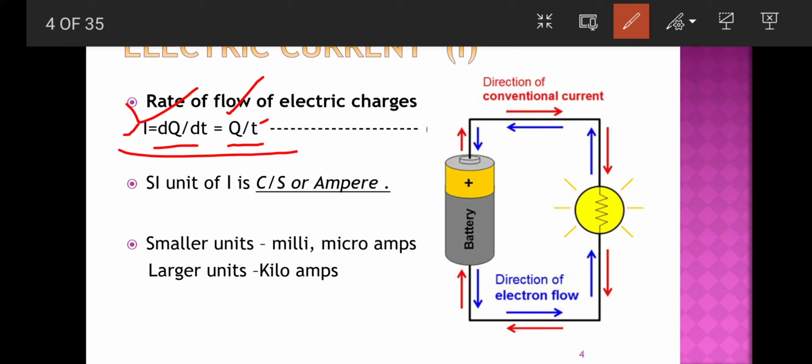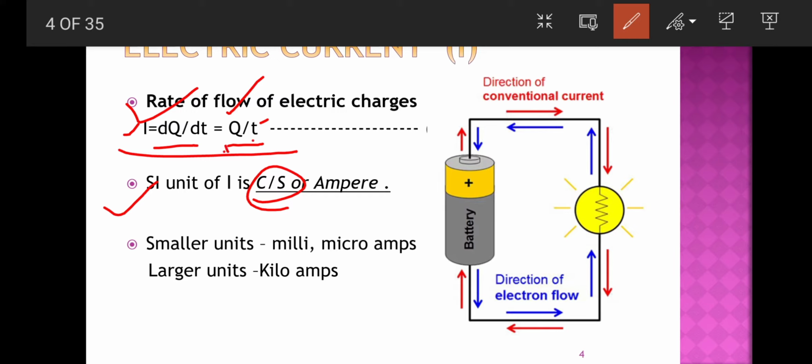So current can be defined as rate of flow of electrons, and the SI unit of current is coulomb per second. Since we know that the SI unit of charge is coulomb and the SI unit of time is seconds.